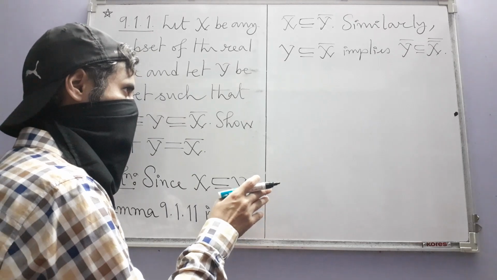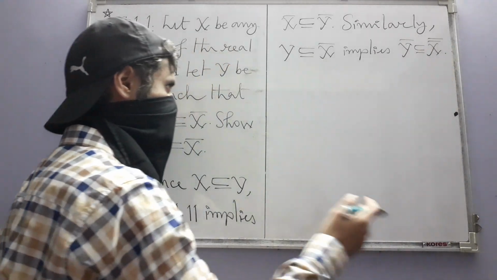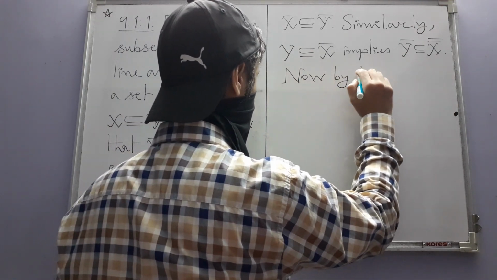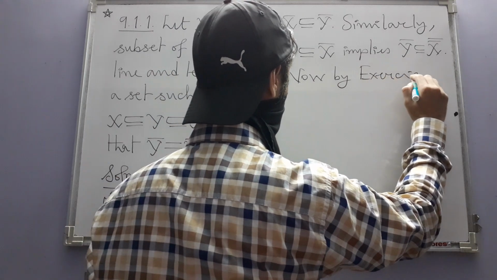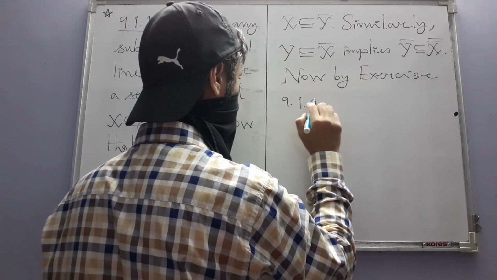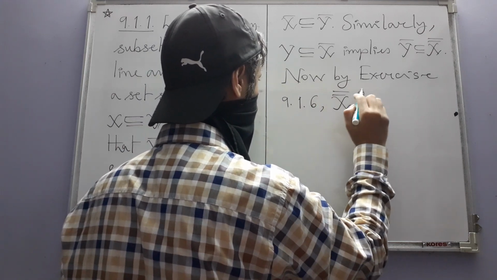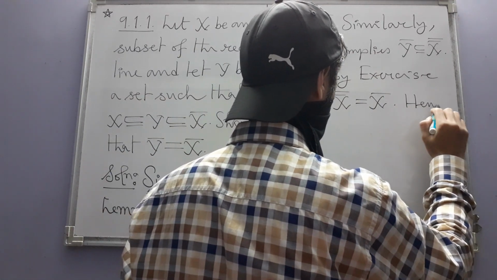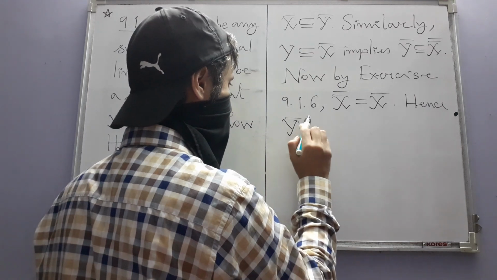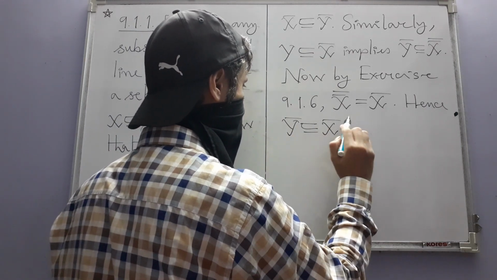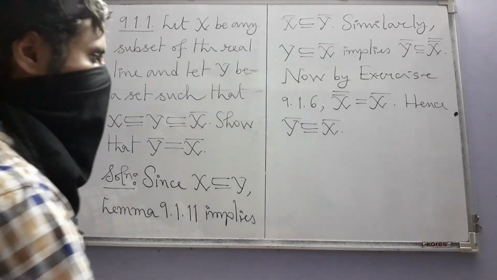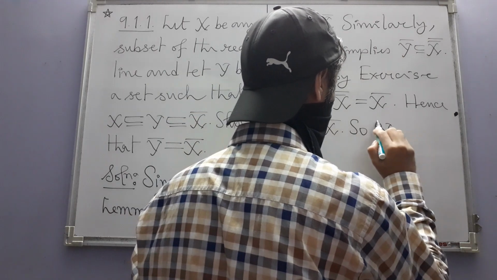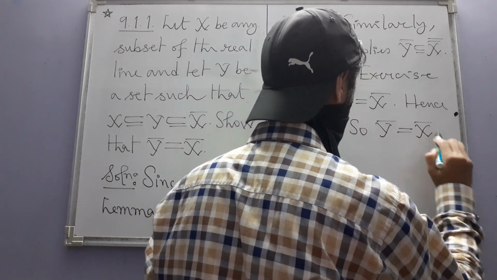However, by exercise 6, this is equal to x closure itself. Hence, y actually turns out to be a subset of x closure. So now you combine these two containments and get equality.